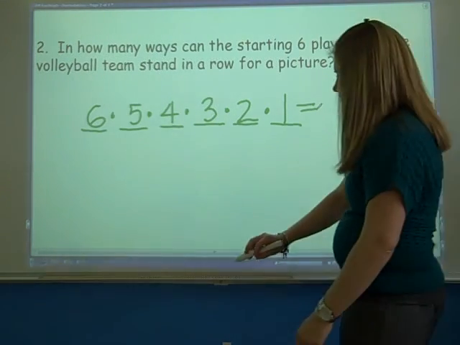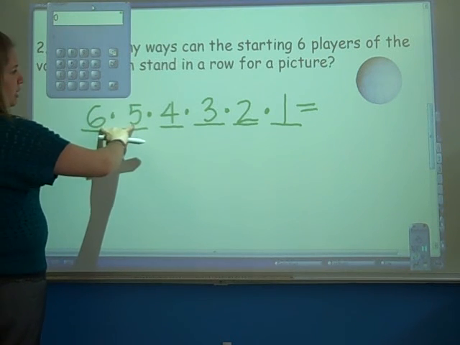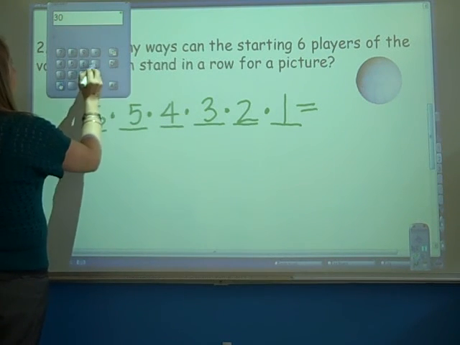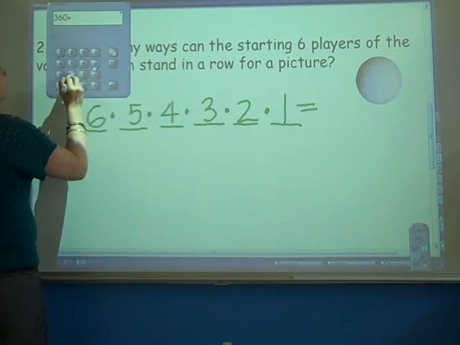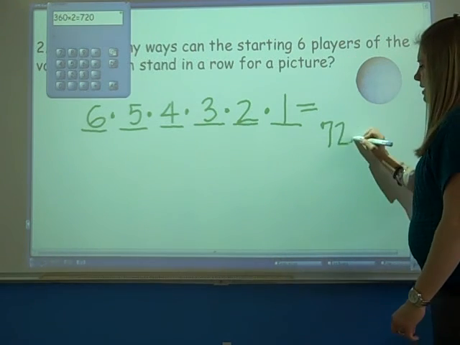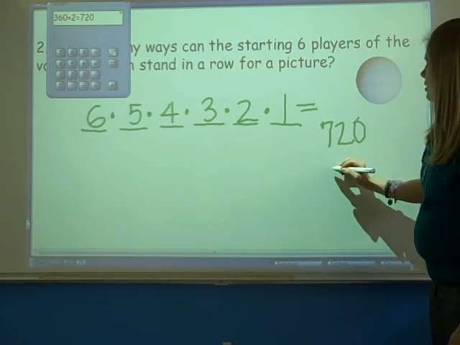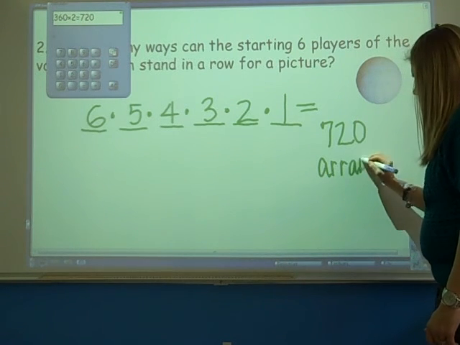I'm just going to grab a calculator to make sure I'm doing this right. So 30 times 12, got that, times 2. 720 options, 720 ways that we can arrange that row. Arrangements we can write.